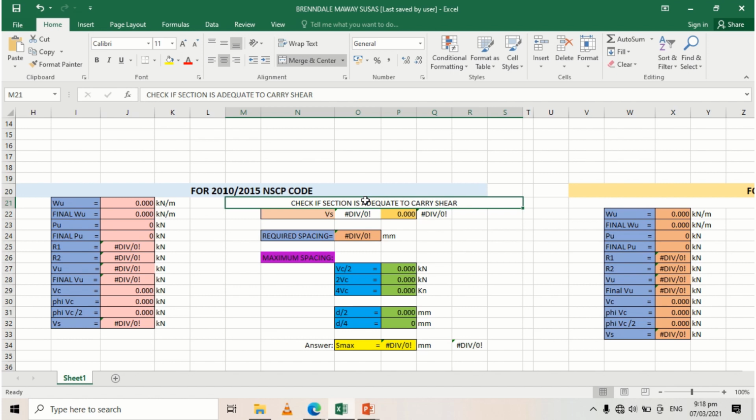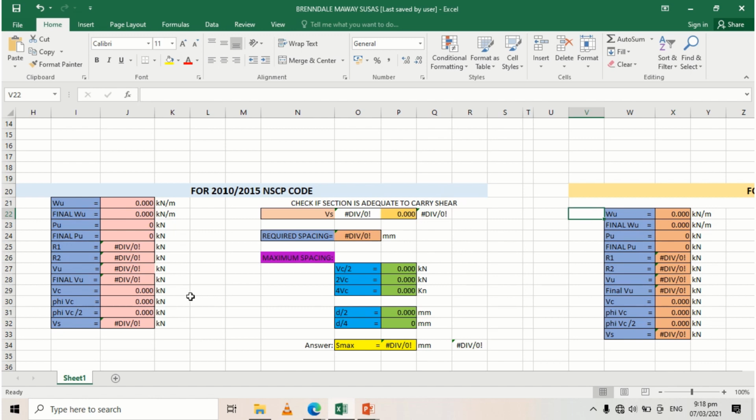For 2010, 0.67 square root of FC prime BW times D, and for 2001 naman, 0.66 square root of FC prime BW times D. They also differ in terms of VC. For 2010, that's 0.17 square root of FC prime BW times D, and for 2001 naman, that's 1/6 square root of FC prime BW times D. So doon lang sila nagdi-differ.